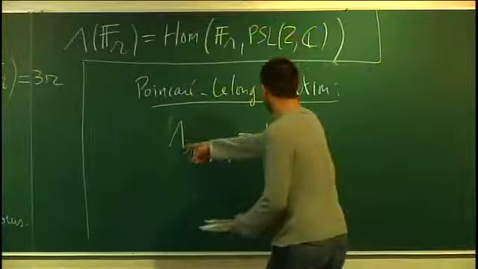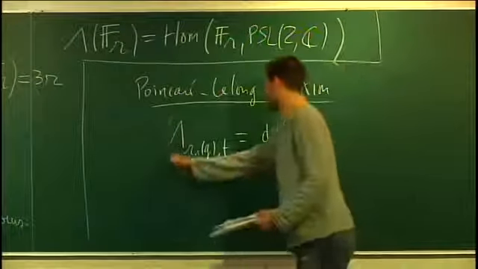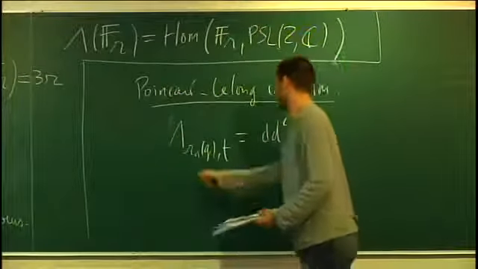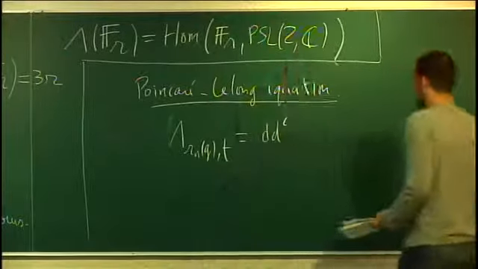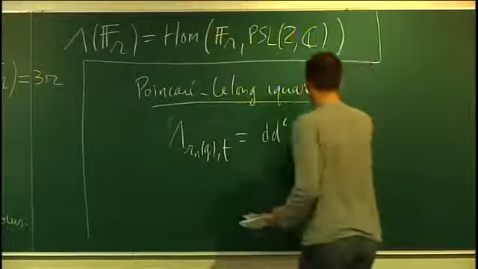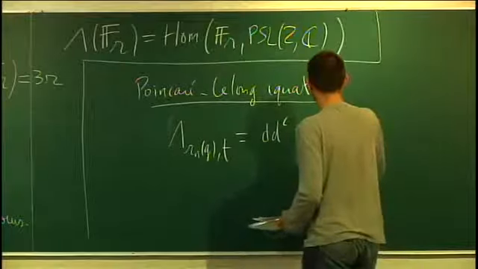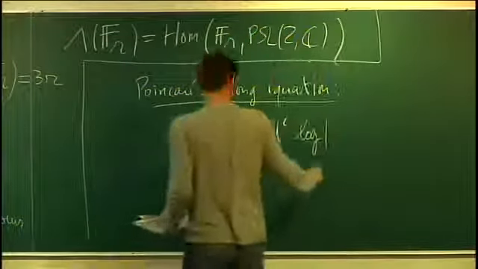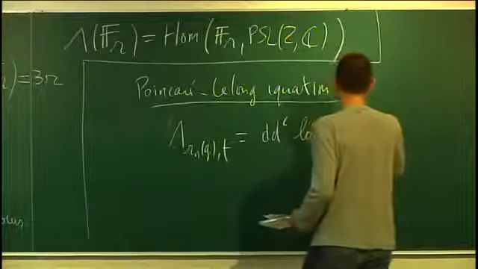Okay, so what is the Poincaré-Lelong equation? It says that a divisor as a current is the Laplacian of the following potential, which is the logarithm of the norm of the equation.